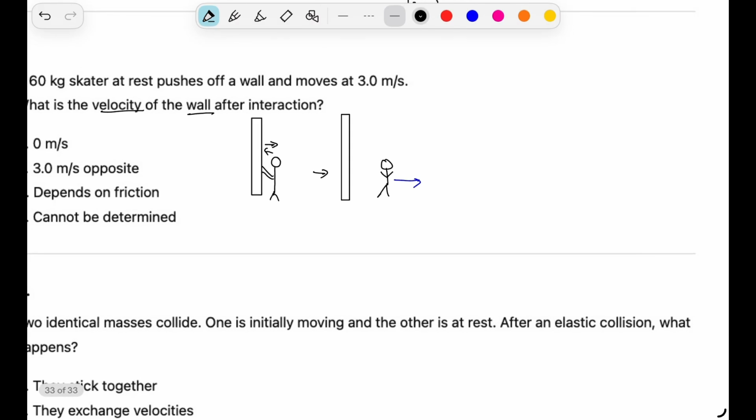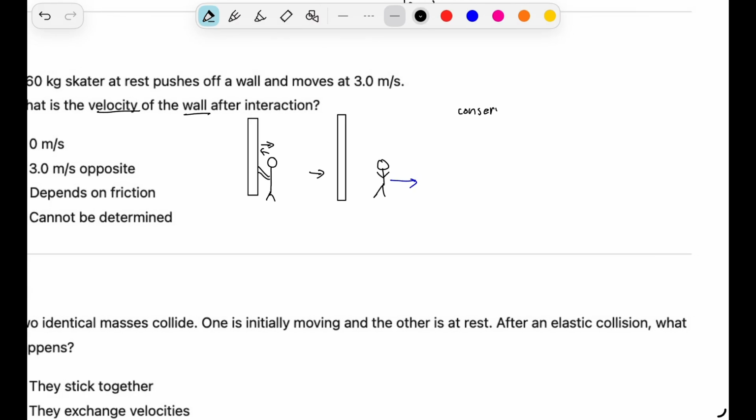I'll say she's moving in this direction. So you have conservation of momentum here. Your initial is equal to your final. But your initial here is 0 because she starts at rest and then she starts to move with a velocity. So let's write out the P for each of the objects in the system.